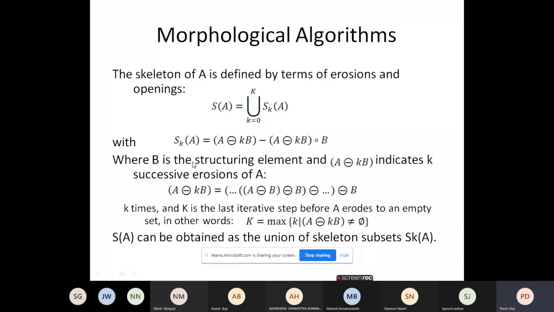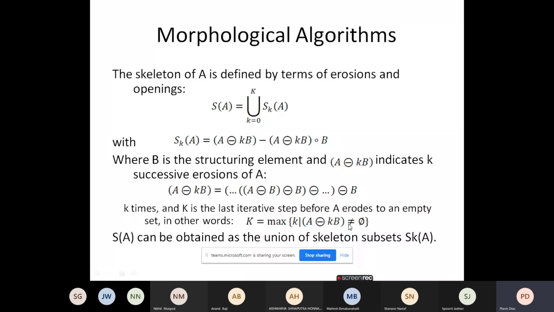So what does A erosion KB indicate, because we are interested in this evaluation. Whenever we consider A erosion KB, it is A eroded by B, and again the result should be eroded by the structuring element up to K times. Okay. So till where you have to do that K times operation is a question, isn't it? That's why we consider K as the maximum value such that A erosion KB is not equal to the empty set.